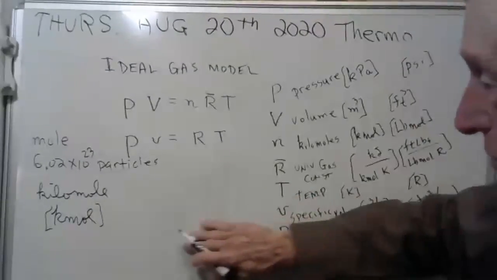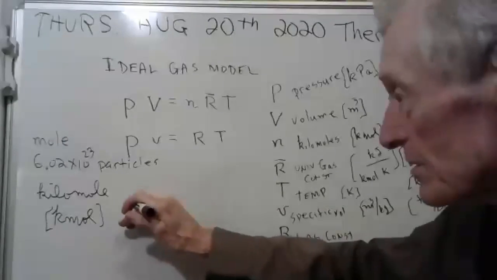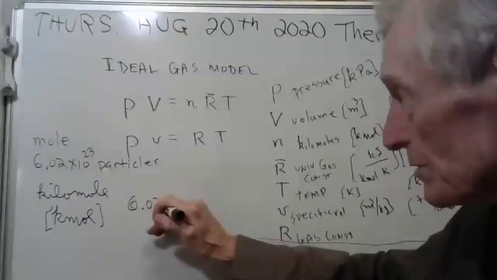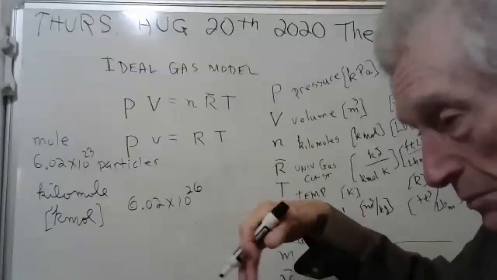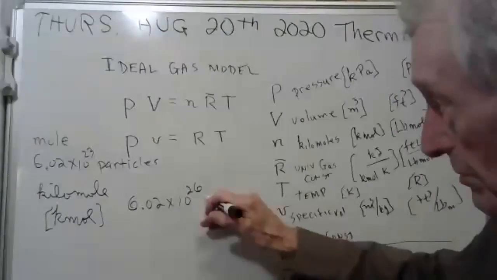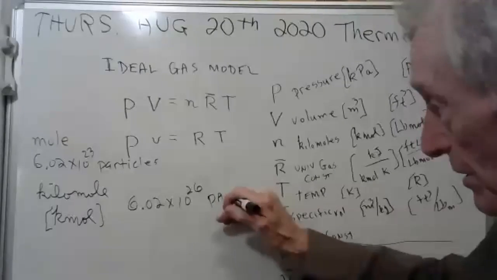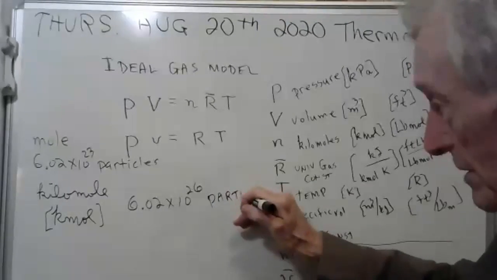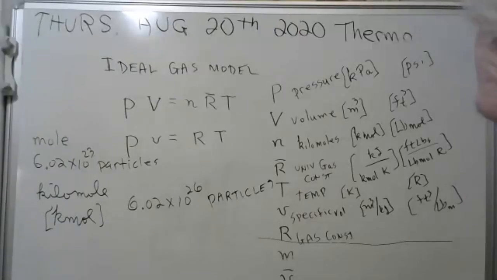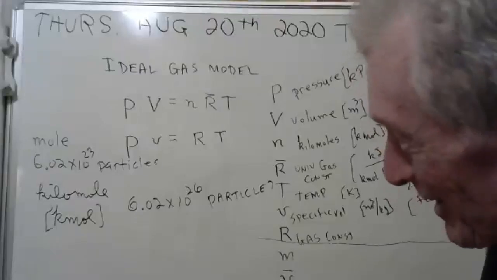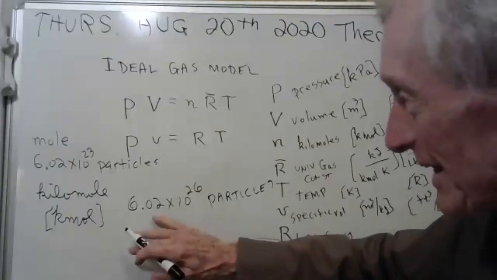A kilomole would be 6.02 times 10 to the 26 particles or atoms or molecules. Does that make sense? And you're supposed to say, yes, it does, Mr. Griffin. There we go. Now that's a kilomole.